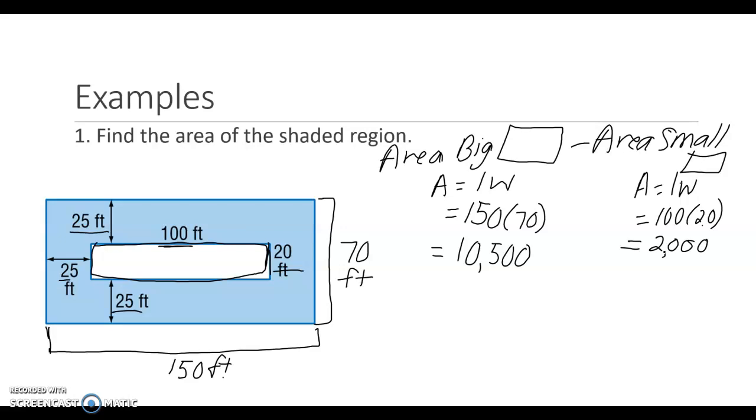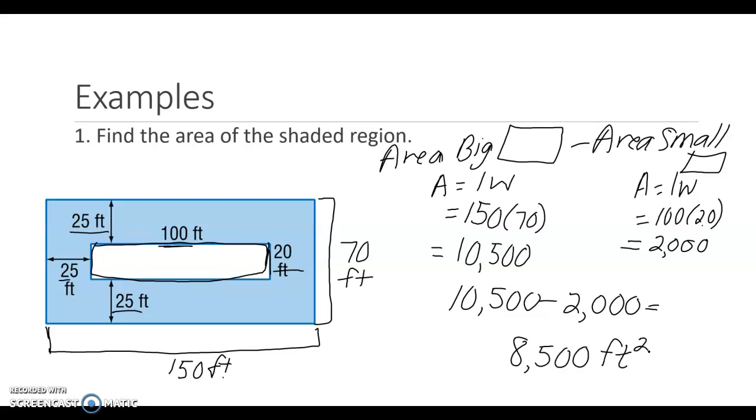Now I'm going to subtract the areas to get the shaded region. So 10,500 minus 2,000 gives me an overall area for the shaded region of 8,500 square feet.